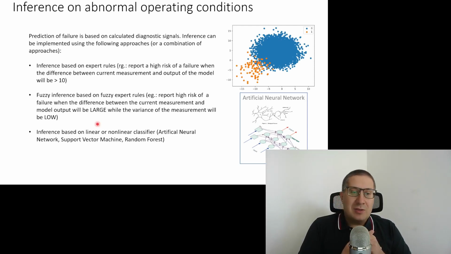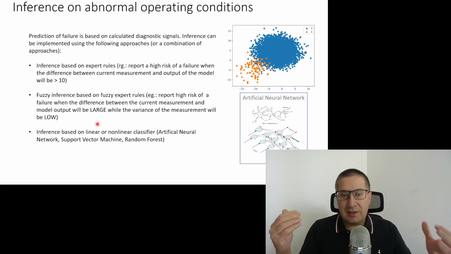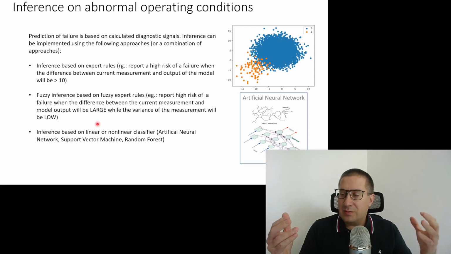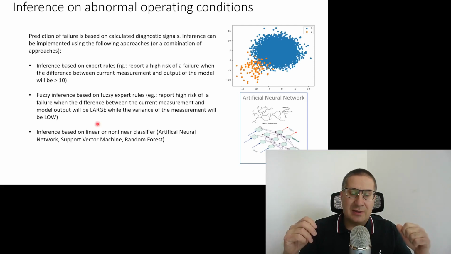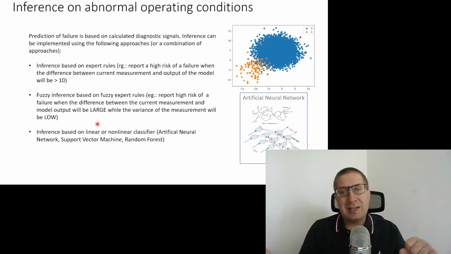We can use some expert rules to infer the risk of a failure. If the difference between normal and measured temperature is high, or the flow is lower than expected by some value, then we can say that there is a risk of a failure.